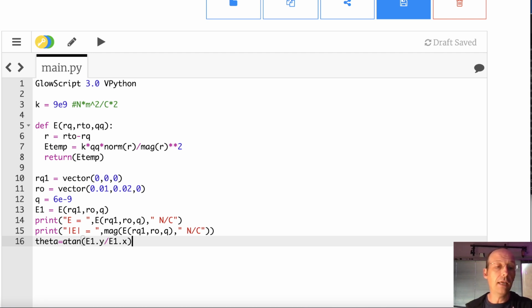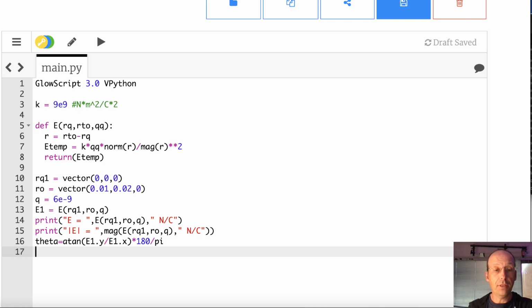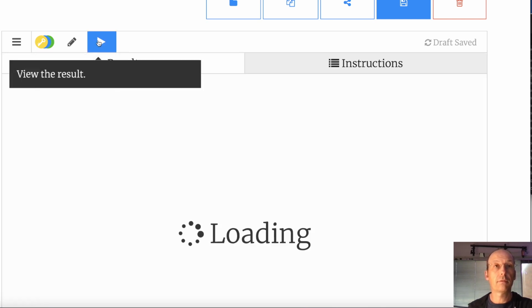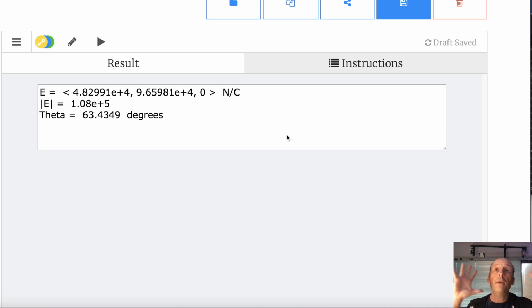And that will give me the angle in radians. I want it in degrees because we usually use degrees, so I can multiply that by 180 divided by pi. And let's print that. Theta equals theta degrees. Okay, and now you have to be careful with that because sometimes if it's in the third quadrant, both the values would be negative and it'd give you the wrong thing. So you'd actually have to do a little geometry there.